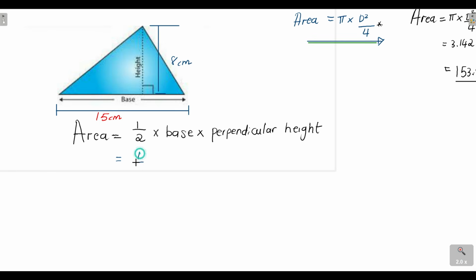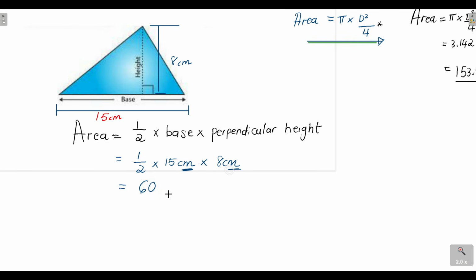So it's going to be 1 over 2 multiplied by, what is the base of this triangle? The length of the base is 15 centimeters multiplied by, what is the perpendicular height? The perpendicular height is 8 centimeters. And then from there, if you punch it into a calculator, 1 over 2 or half multiplied by 15 multiplied by 8, you will get 60.